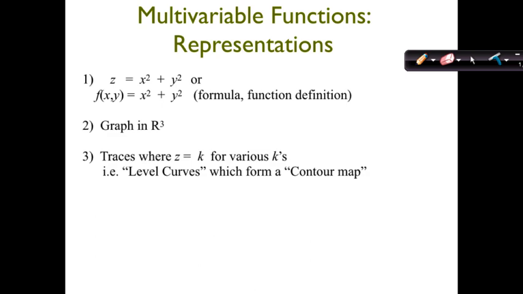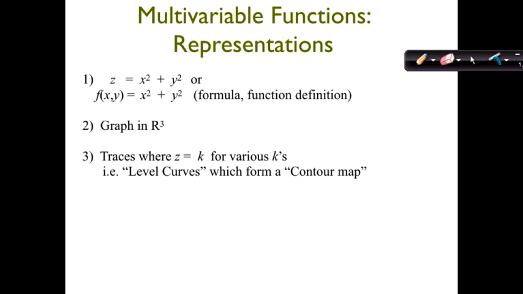We could have a graph in R3, right? How do multivariable functions graph in R3 as what kind of thing? Surface, right? As a surface. And then we talked about level curves, right? So if you take traces for constant z values, or constant values of the output of the function, you get curves, xy curves, right?